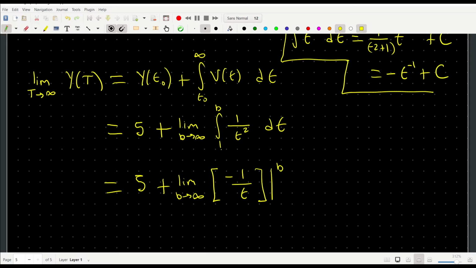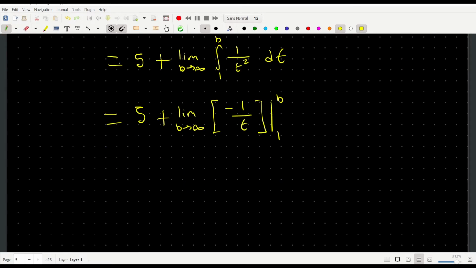This is just for argument's sake; this could be a lot of different values depending on how we're applying this problem. So our final answer is going to be 5 plus whatever the limit is as b goes to infinity of negative 1 over b minus negative 1 over 1.